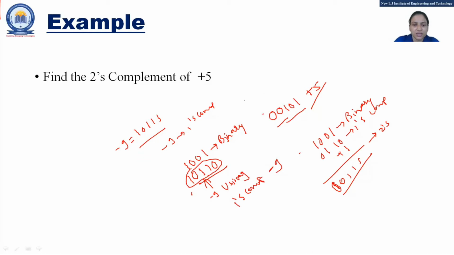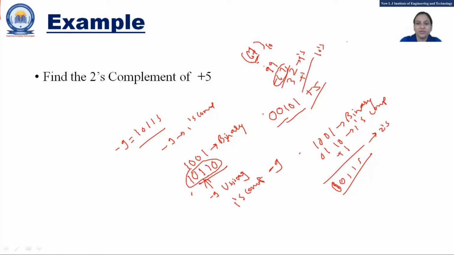As we have talked earlier, if I want to find the 9's complement of a given base 10 number, suppose 67, the shortcut is, if 2 digits are there, we have to subtract this from 99. So 99 minus 67 becomes 32. So this is the 9's complement of our number 67. And if we add 1, it becomes the 10's complement.